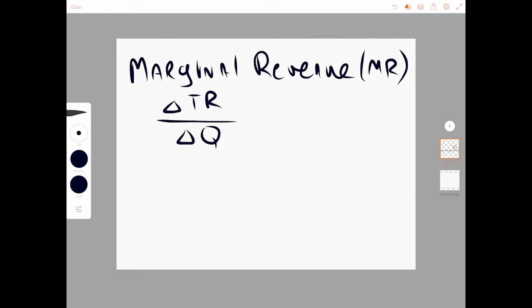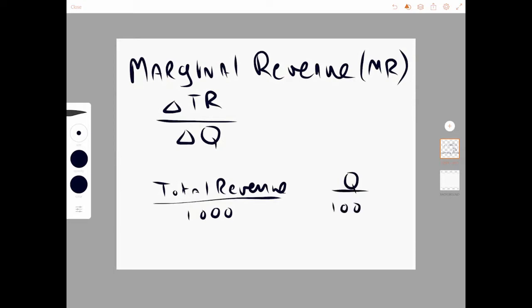So, for example, if we have total revenue of, say, 1,000 when we produce 100 units, and if we produce that 101st unit and total revenue goes up to 1,010, then here's our change in quantity.